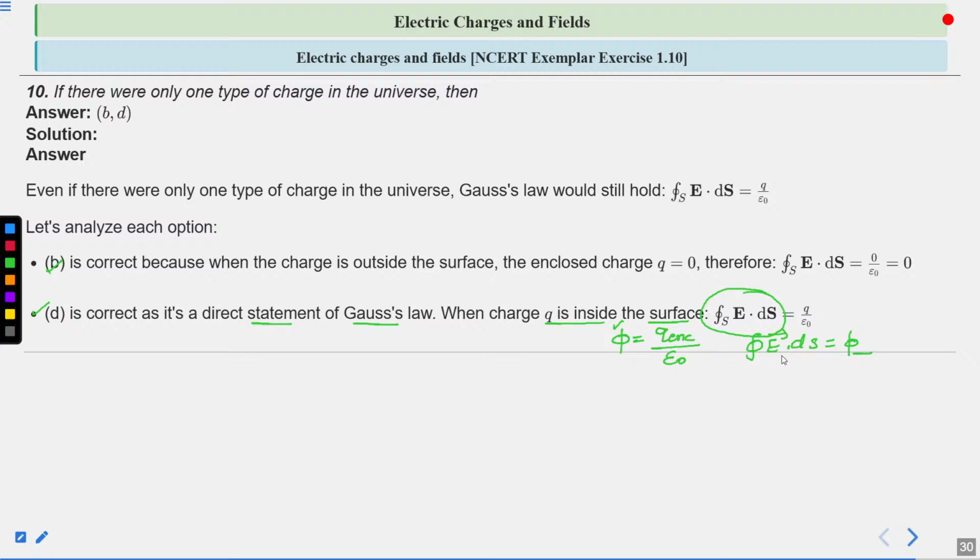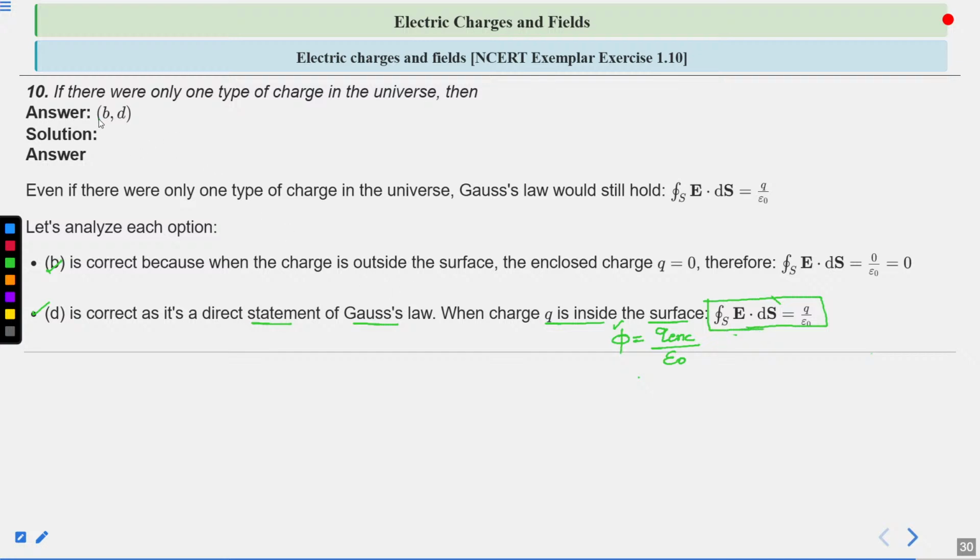So the number of electric field lines which pass through the closed surface represents the flux. Clear? So both equations are correct, and closed integral of E dot ds is equal to q divided by epsilon naught.